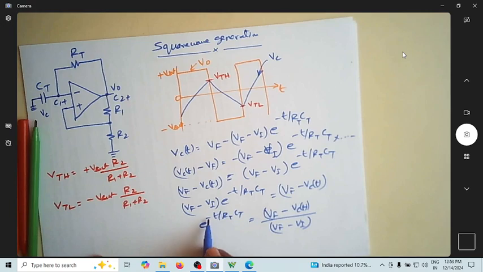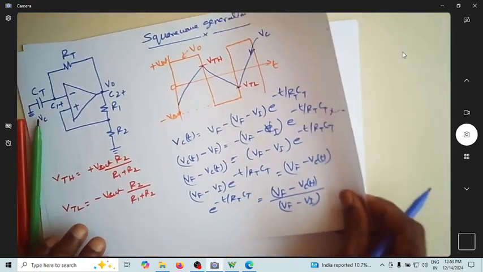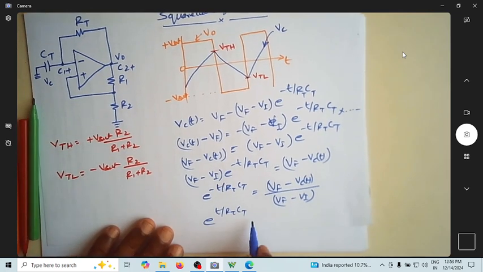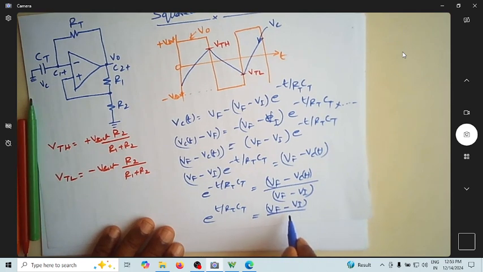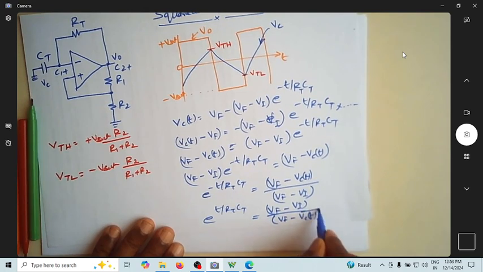I can eliminate this negative sign and rewrite this as e power t by RTCT equal to V final minus V initial divided by V final minus Vc at t, because it gets reversed.